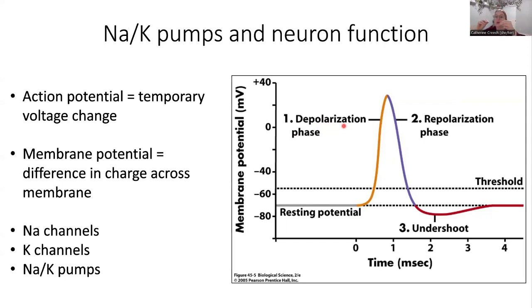Depolarization means that those are going closer together. So they are no longer polar, they're depolarizing. After you have this spike in charge, your cell is going to try and reset itself. That's repolarization. It always goes a little too far. That's your undershoot. And then it goes right back to resting.